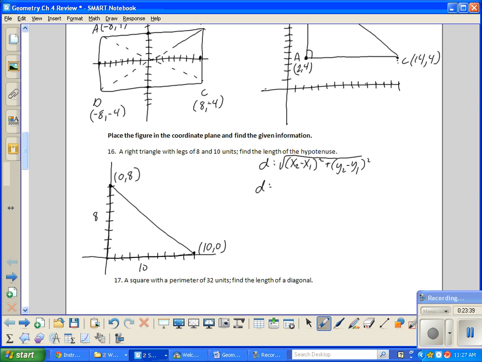So we use our 2 points on each end of the hypotenuse there. So we're going to have 10 minus 0 squared plus 0 minus 8 squared. So it's going to be 10 squared plus negative 8 squared underneath the radical, or 100 plus 64.